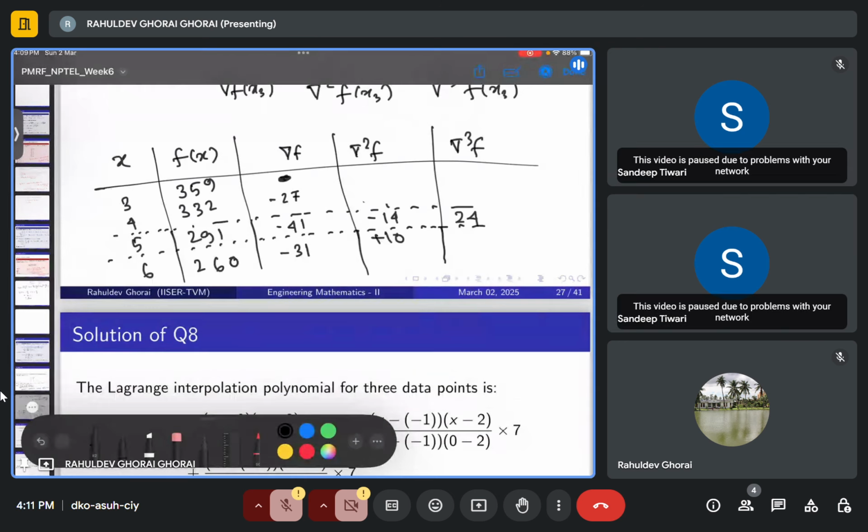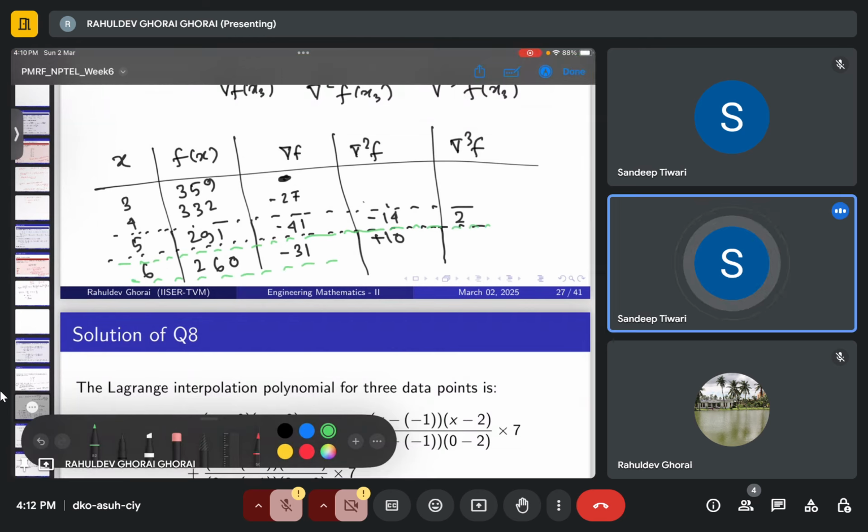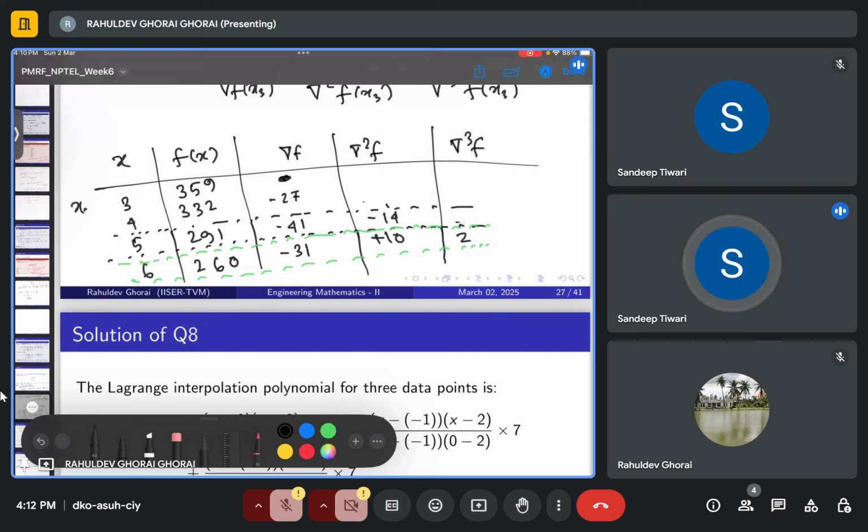But what is x3? Sorry, we don't need this one. That was a mistake. We need the last one, this one. x3 is this one. This is x0, x1, x2, x3, right?